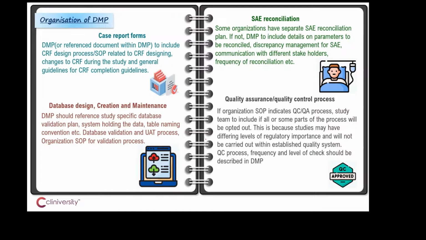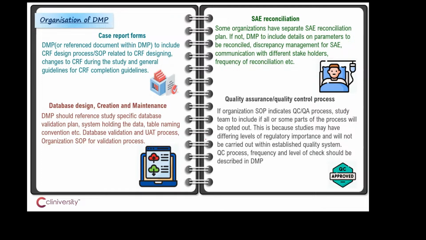CRF instructions would be creating the completion guidelines. We talk about any protocol specific guidelines. Then it will also talk about CRF changes, like describing how to manage the changes to the CRF.